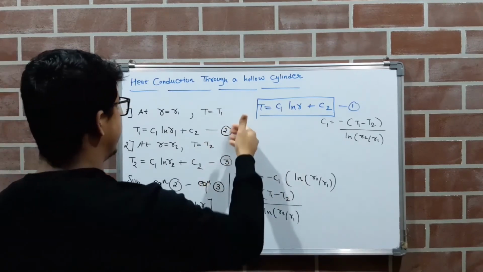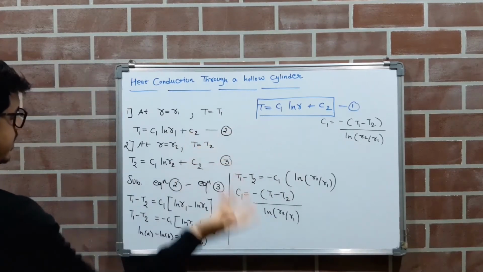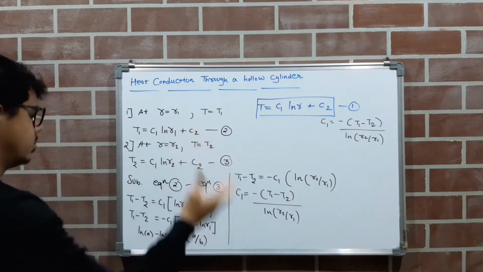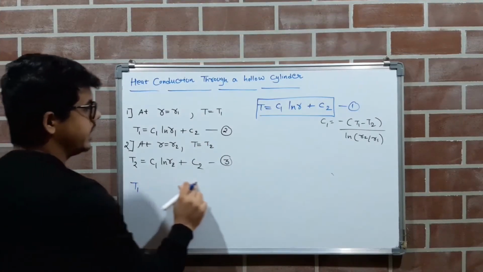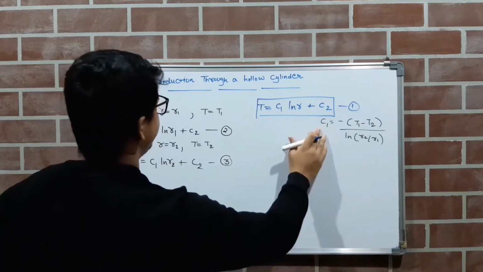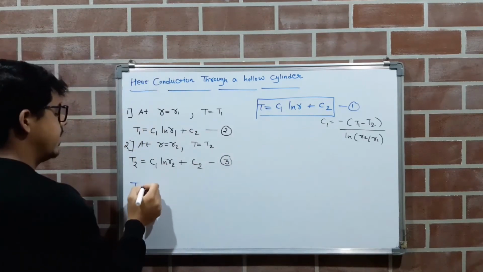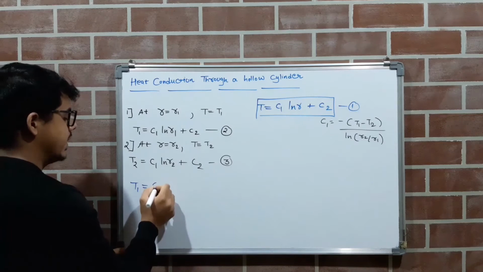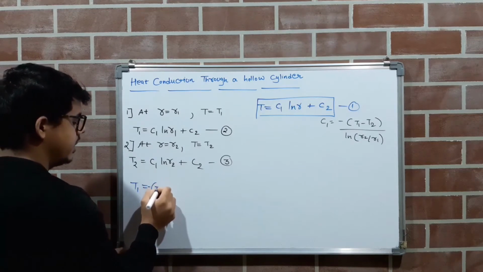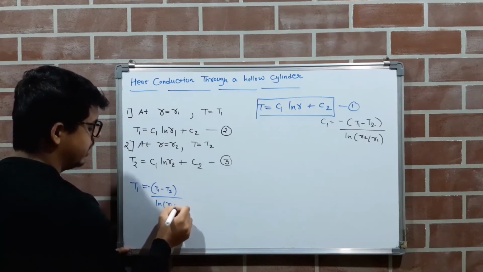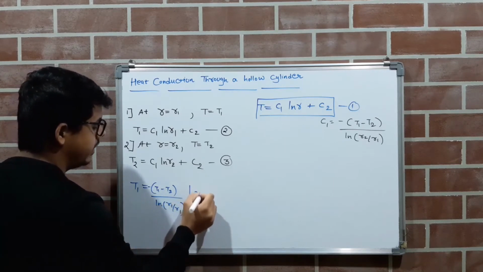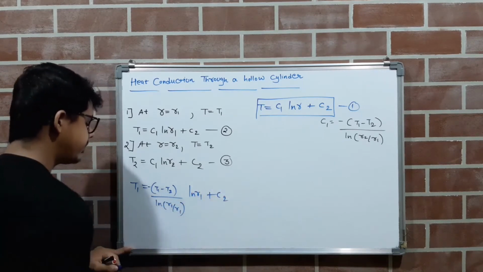You can put it in either equation. I will put it in equation 2. Putting the value of C1 in equation 2, we will get T1 equals minus of T1 minus T2 upon ln of r2 upon r1 into ln r1 plus C2.